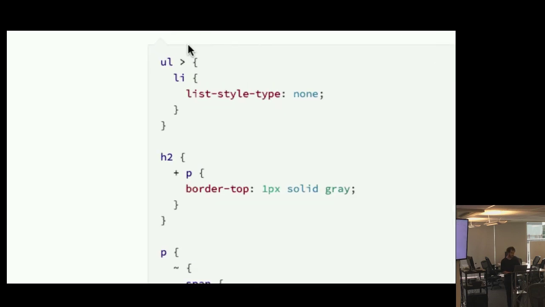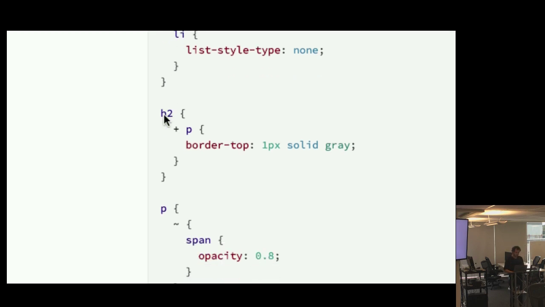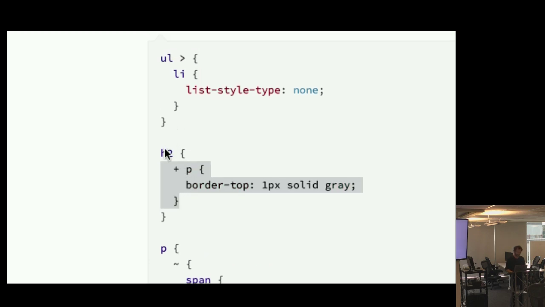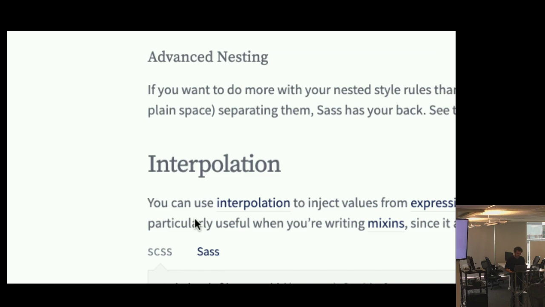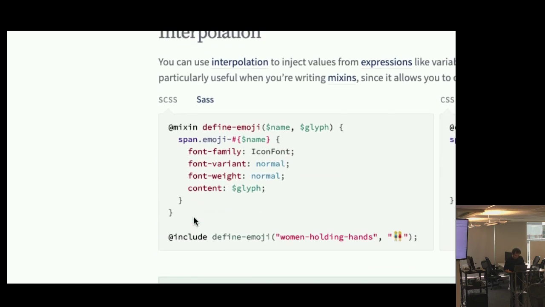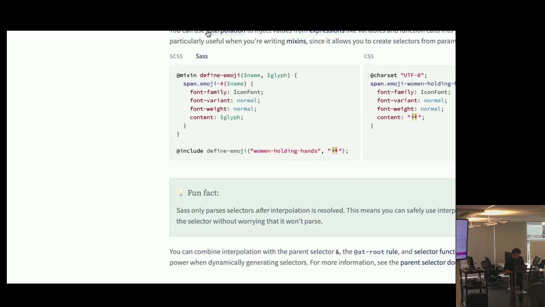For nesting, you can nest things that are immediately inside of each other, but in the same way that CSS has the plus and the angle bracket and the little tilde and all that, you can continue using that stuff in here. Right? So I just want you to know that. Like, if I wanted h2 and also h2 plus p, that allows me to hit that.